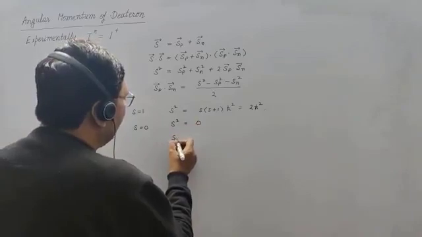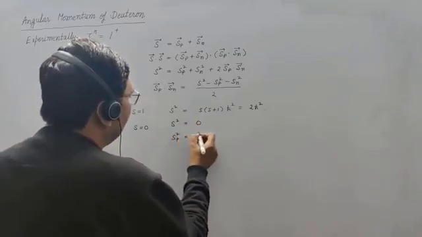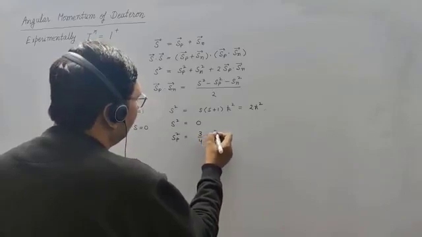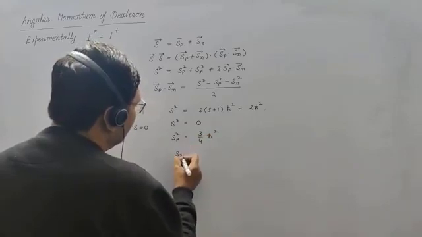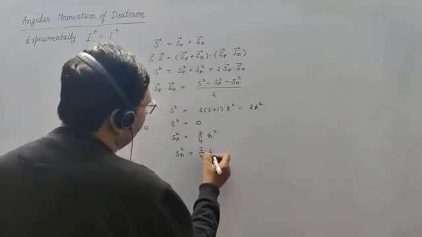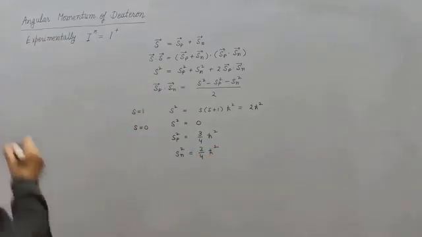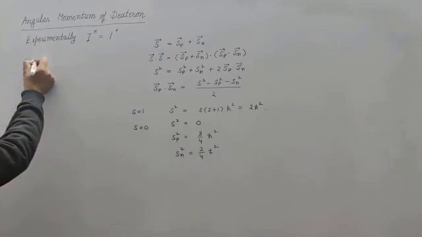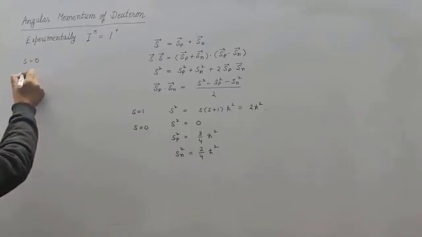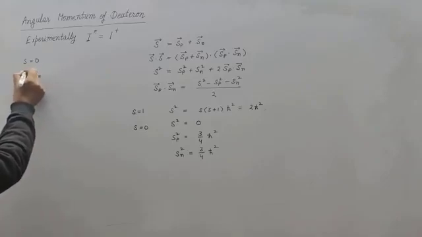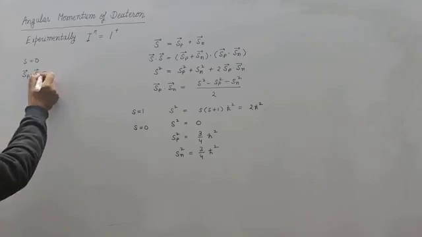What will be the value of Sp square? This will be 3/4 ħ². Sn square will also be equal to 3/4 ħ². So for S equal to 0, what will be the value of Sp dot Sn?